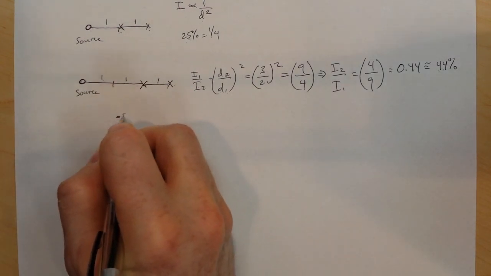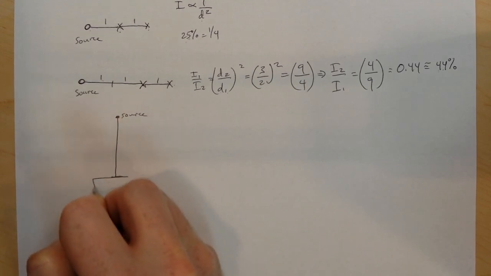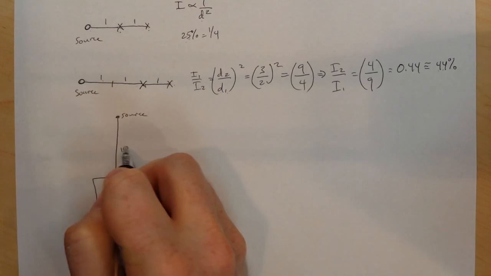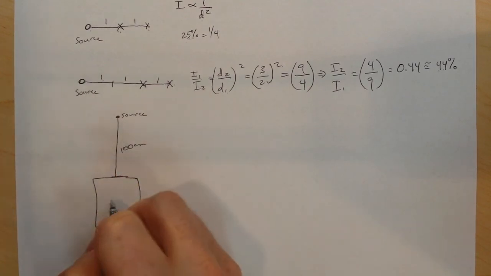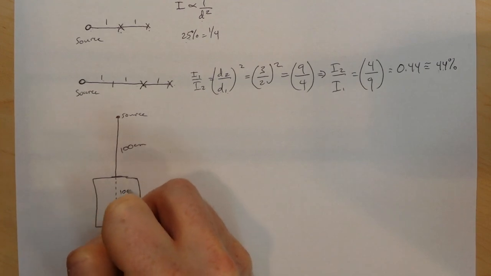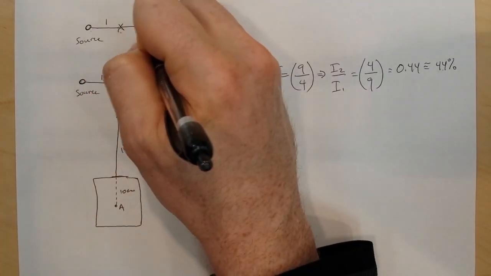Watch. Source, patient, phantom, whatever. I'm at 100 centimeter SSD. My calculation depth is at 10 centimeter deep. That's where point A is at. That's like this.